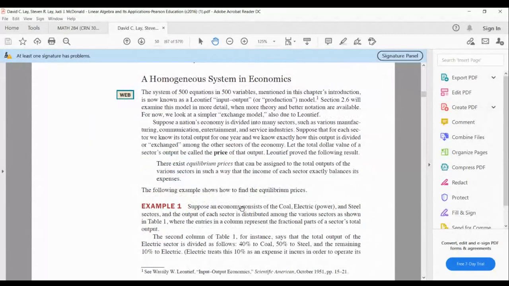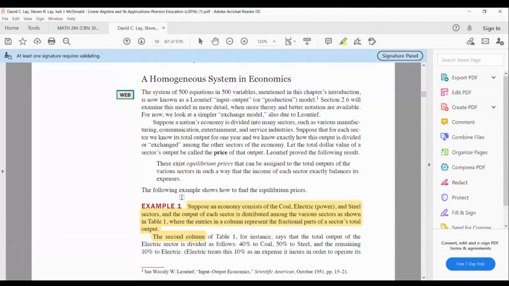This has to do with economics. The problem says, suppose an economy consists of coal, electric, and steel sectors, and the output of each sector is distributed among various sectors as shown in the table, where the entries in the column represent the fractional parts of a sector's total output.